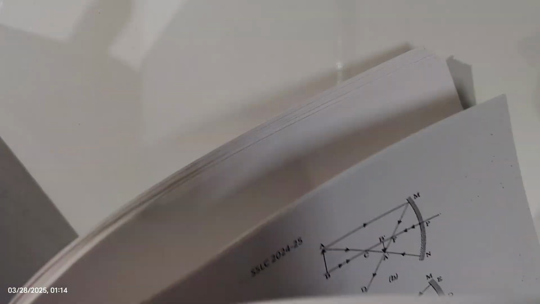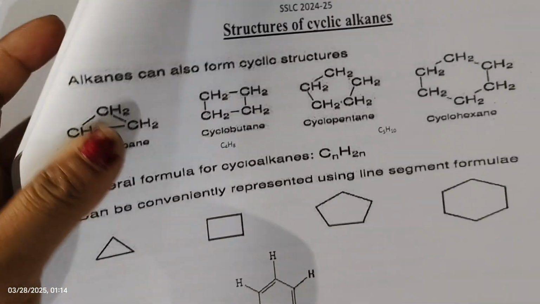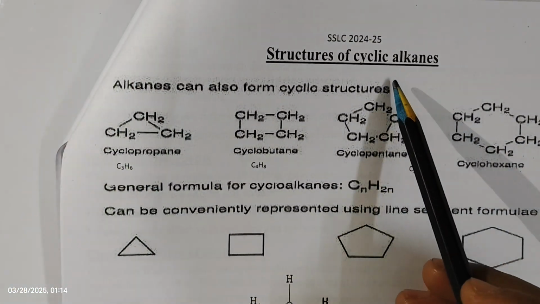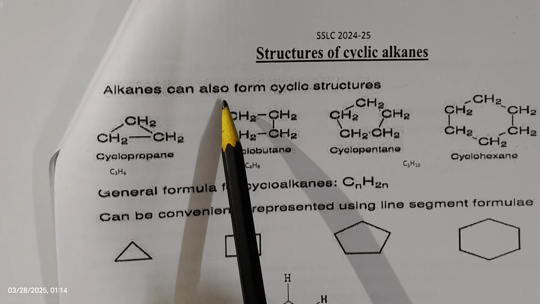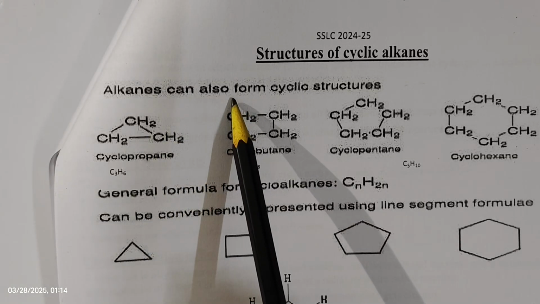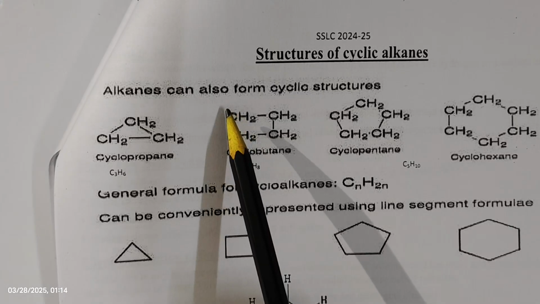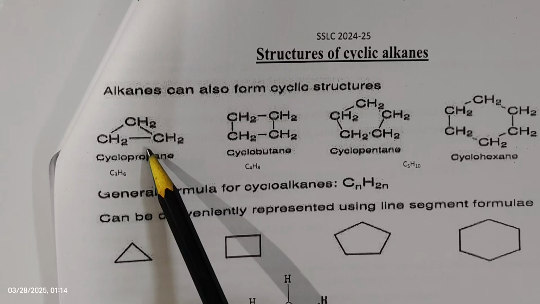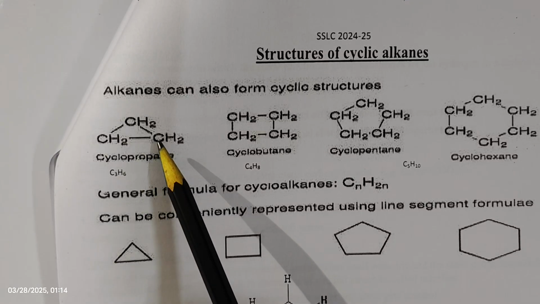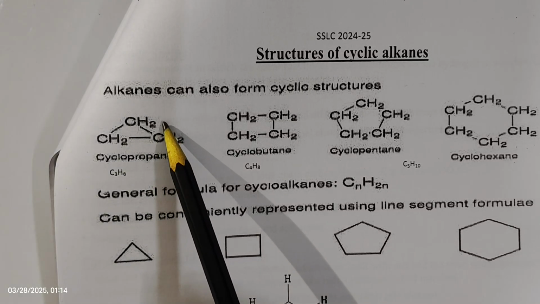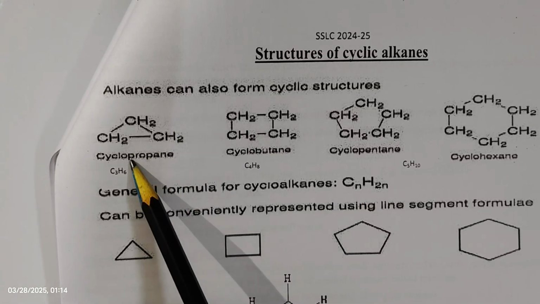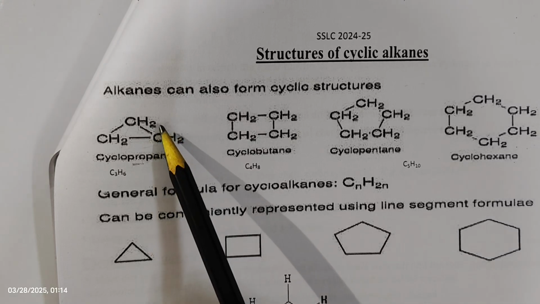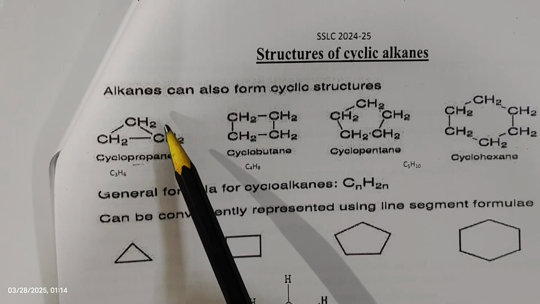Then the structure of cyclic alkanes. Cyclic alkanes are generally called cycloalkanes. They are cyclic structures. The first one, like propane, we call cyclopropane. We know in the previous part that prop represents 3 carbon atoms. 3 carbon atoms with single bonds in a closed structure is called cyclopropane.